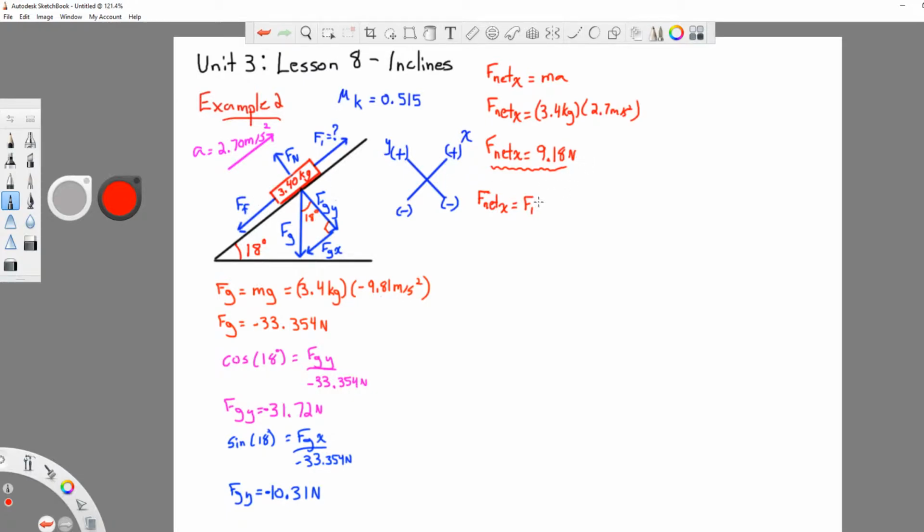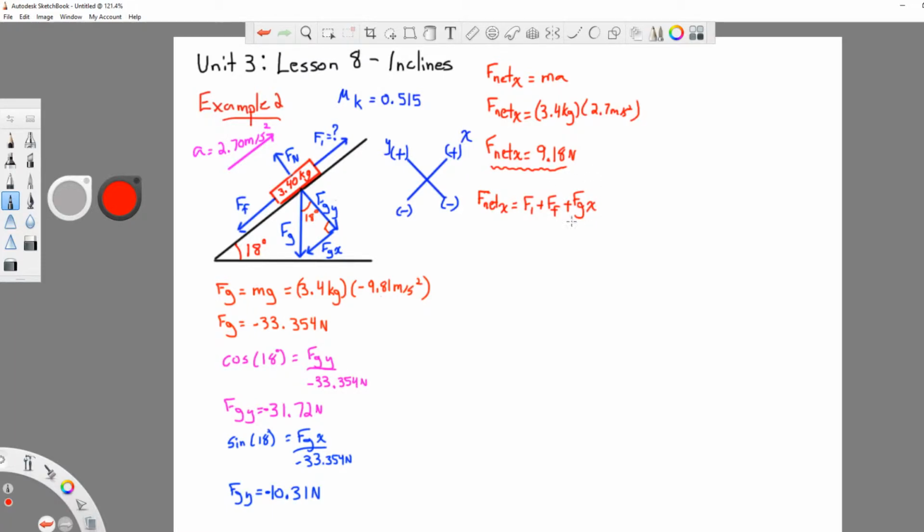Downwards here, we have force of friction, which we don't know yet. So we've got some work ahead of us. And also we have FGX. Right? This really we could draw on this block if we wanted. Just keep in mind that it's down here, so we have to remember to put it in. But plus FGX.